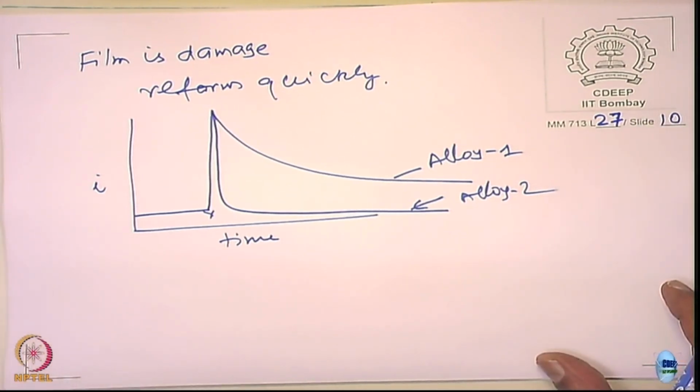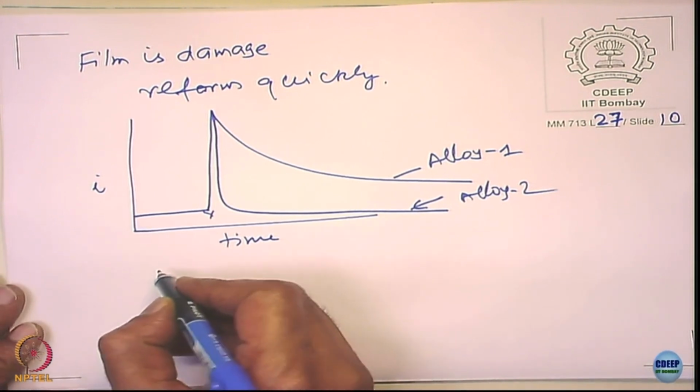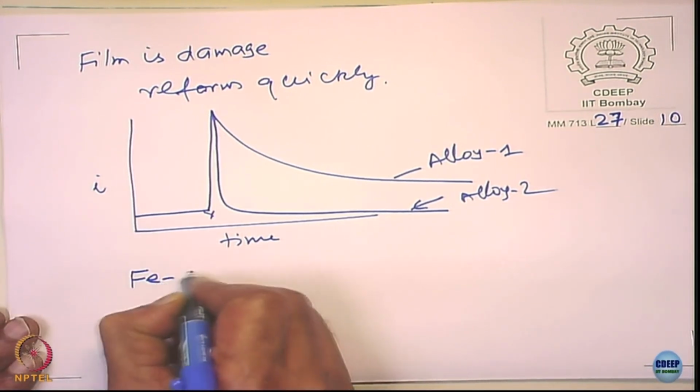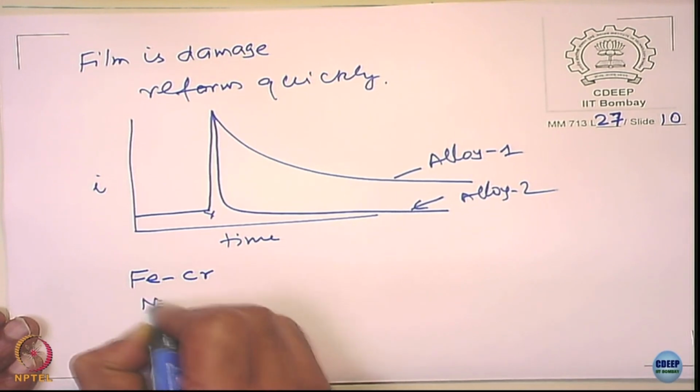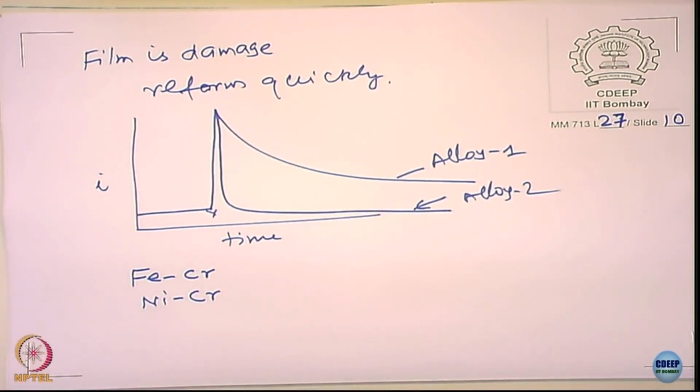So let us give an example now. Now you have iron chromium, nickel chromium alloy. Let us take an example here. Assuming that the hardness properties are same, which of the two will have better erosion corrosion resistance?